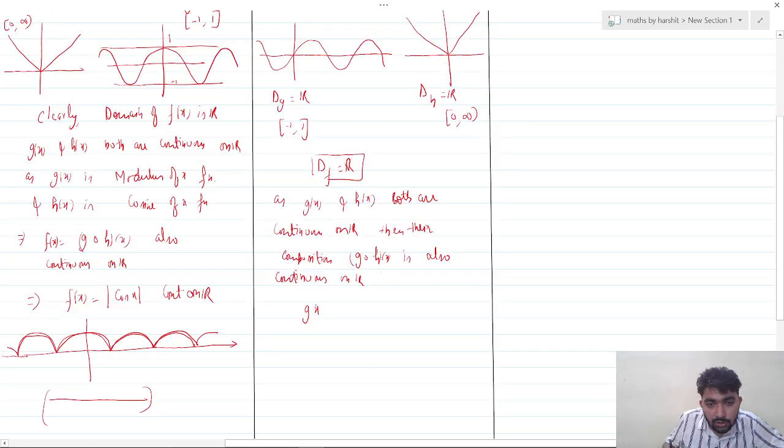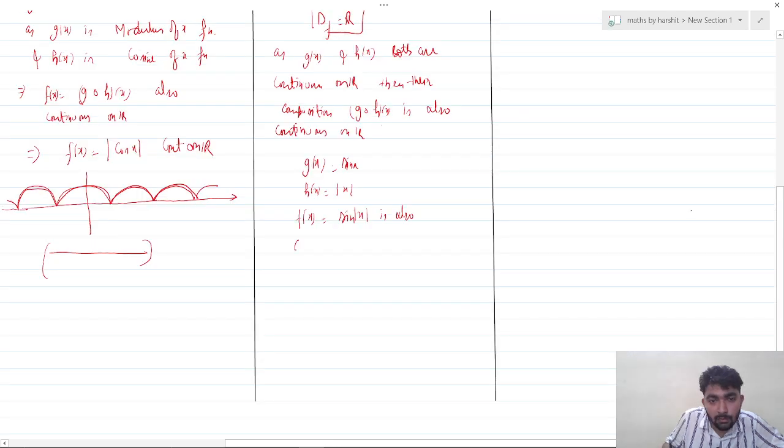As g of x is sine of x and h of x is mod of x, so our f of x is equal to g of h of x, that is sine of mod of x, is also continuous on R.